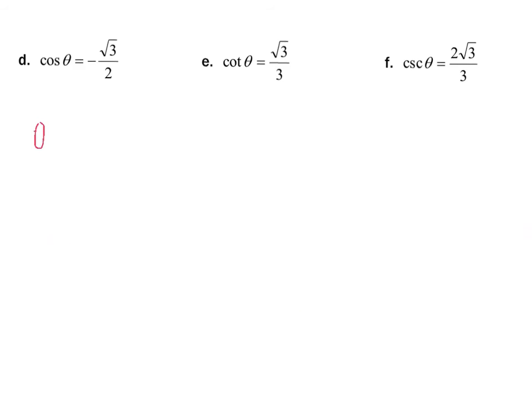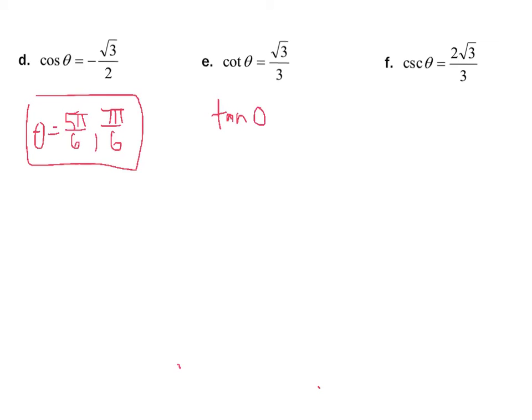So theta is going to equal 5 pi over 6 and 7 pi over 6. For part E, remember we wanted to change cotangent to tangent. So if you do that, you're going to get tangent equals 3 over radical 3.